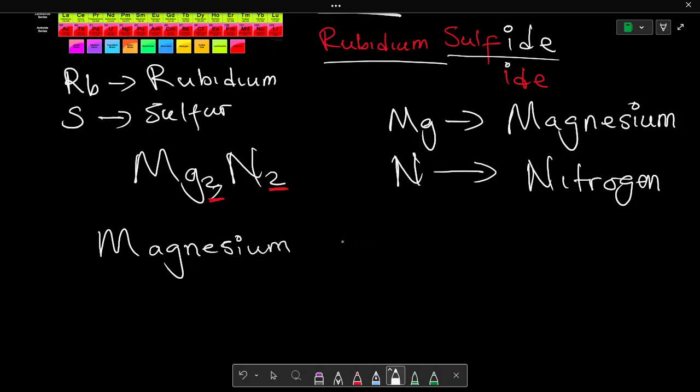And you will take the name of the non-metal with the ending changed. So instead of being magnesium nitrogen, you are going to remove this part and replace it with IDE. So it will be magnesium nitride.